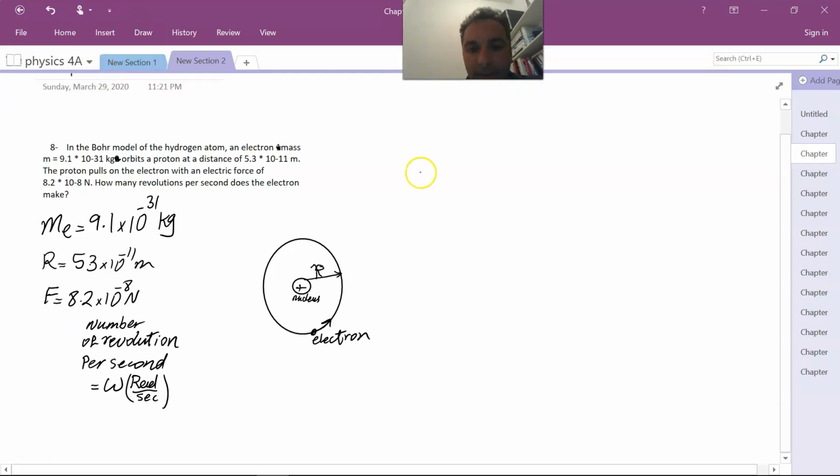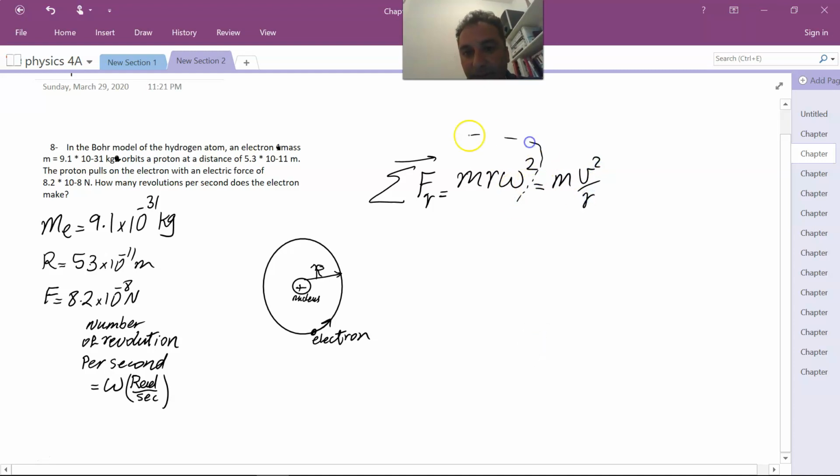Alright, so F, its centripetal force, it's m r omega squared, because they want me to find omega, so I'm going to use this definition. Therefore, F is 8.2 times 10 to negative 8.